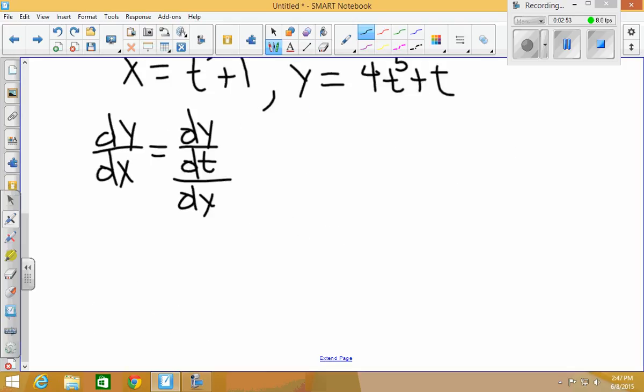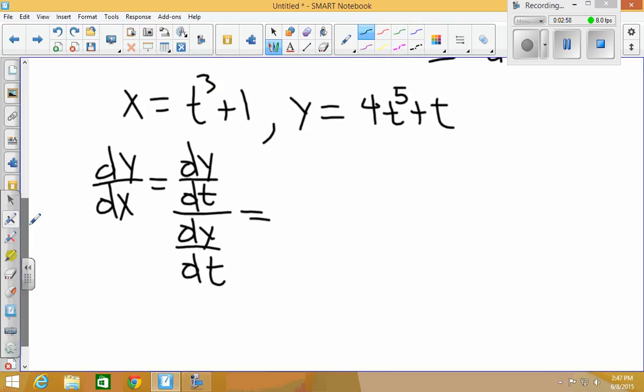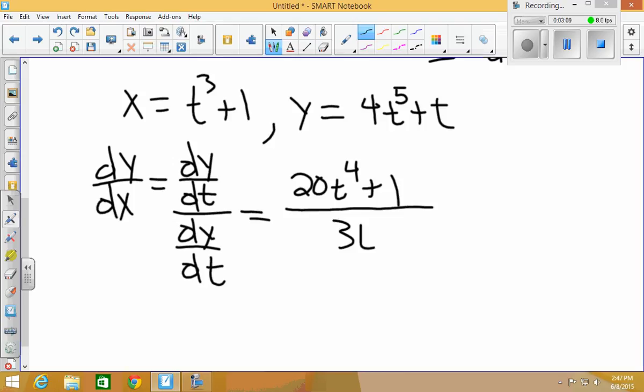That's just for the first derivative. So in this case, dy dt is 20 t to the fourth plus 1 divided by dx dt, which is 3t squared.